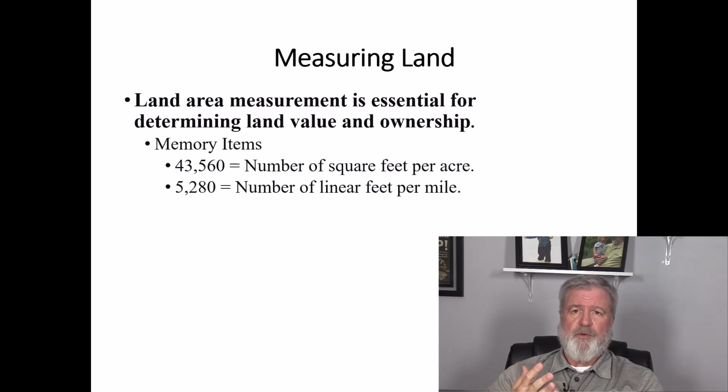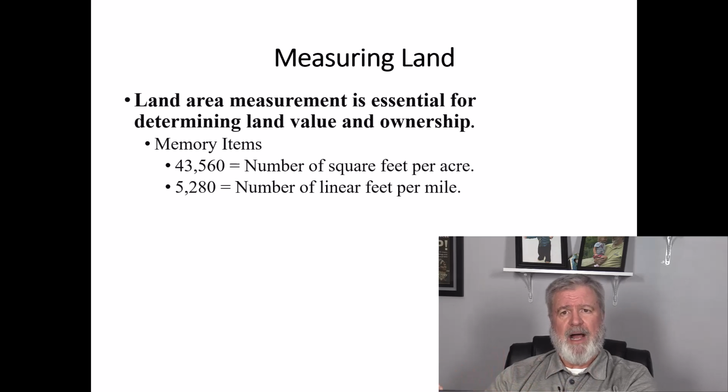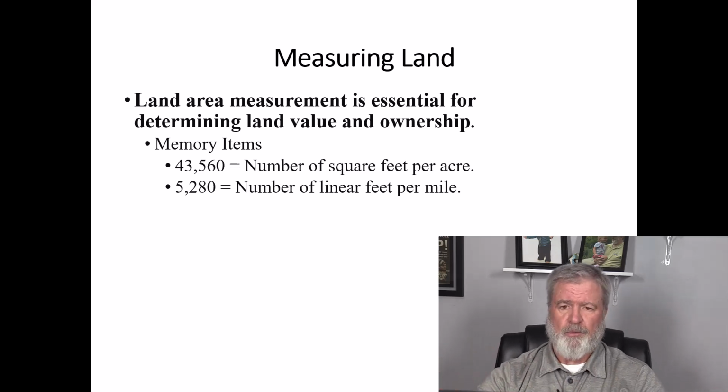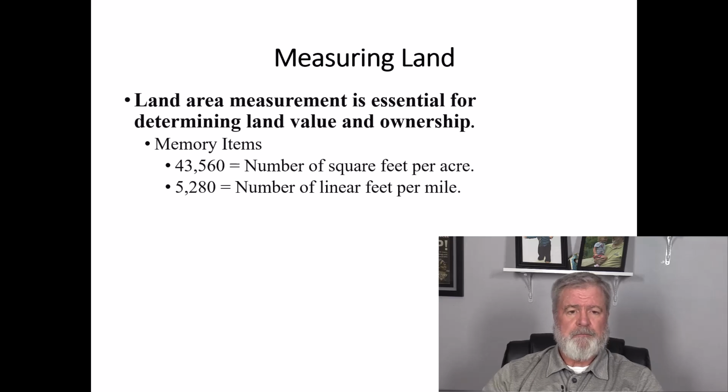But anyway, there's 43,560 feet per acre. And it also says there's 5,280 linear feet per mile. Why does that matter? What is the big deal there? Well, let's look.